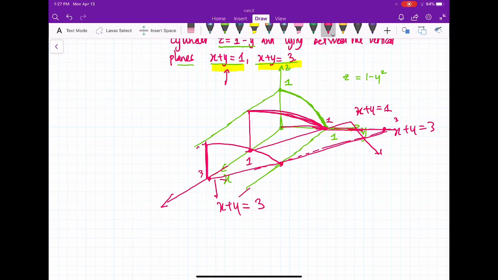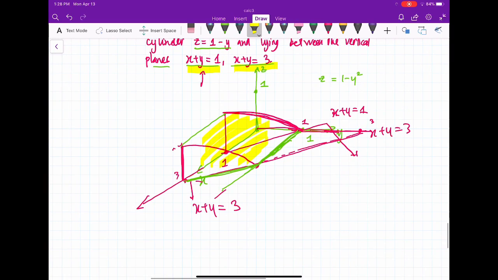I think I can erase this, it is easier to see for you. So that is our solid region. They ask us to find the volume of this solid region.